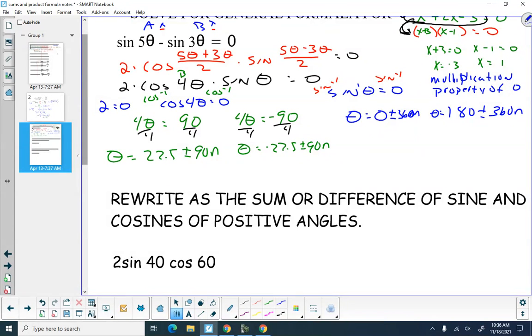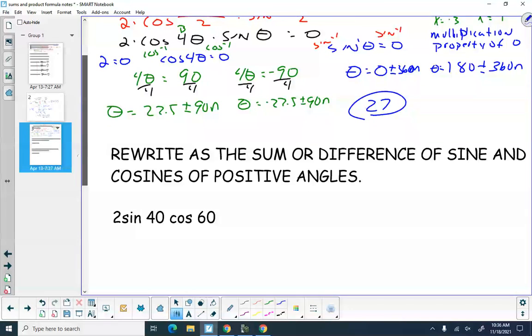This is problem 27. Very similar to problem 27 that you'll do for the day. Rewrite as the sum or differences of sine and cosine of positive angles. These are problems that you will see that are problems 3 through 12.